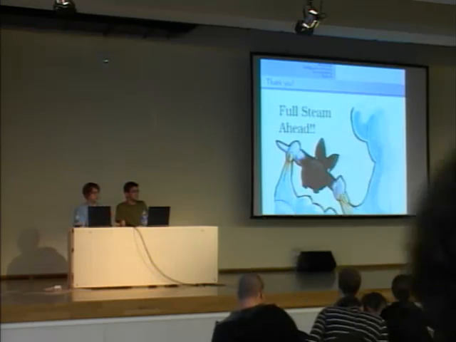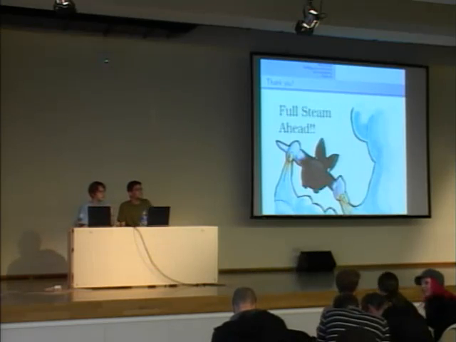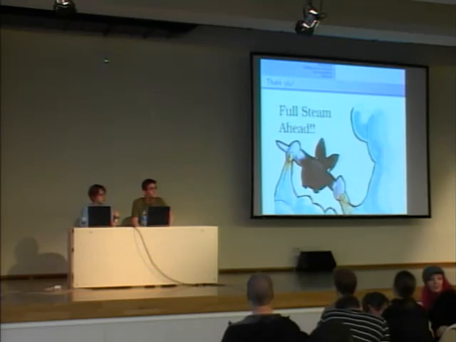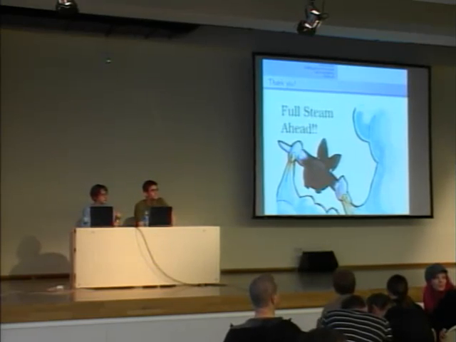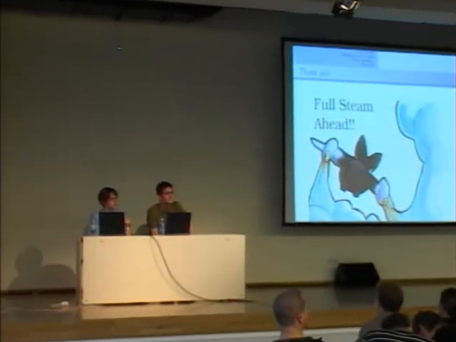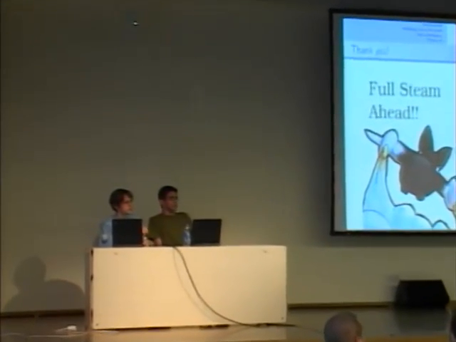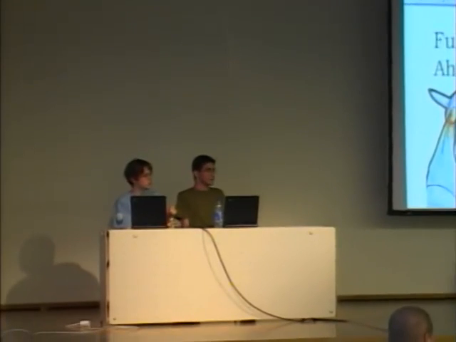Somebody asked about the 802.11s standard. Did you read about it? Yes, well, we read about it, but actually it's quite difficult to get documentation because you have to be an IEEE member to get the documents.